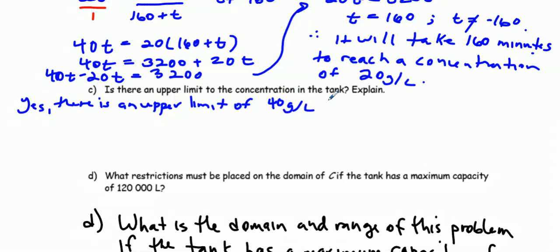And you could say, in brackets, the horizontal asymptote. That's fine. But when I want you to explain, so maybe this is a two-point question, that's the first part, yes, and what it is, but why?